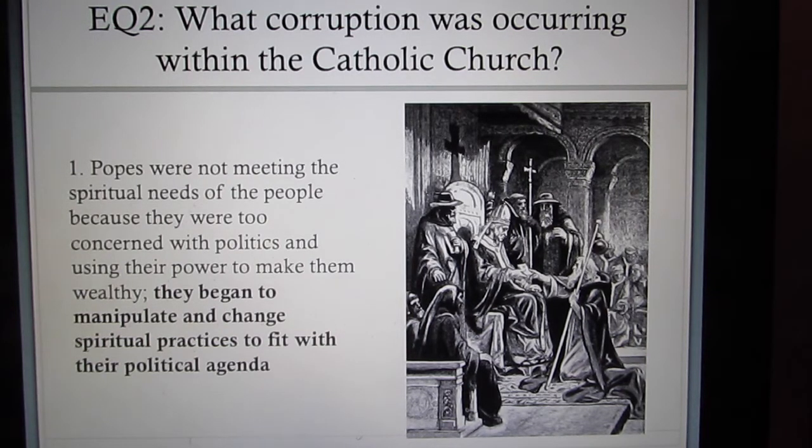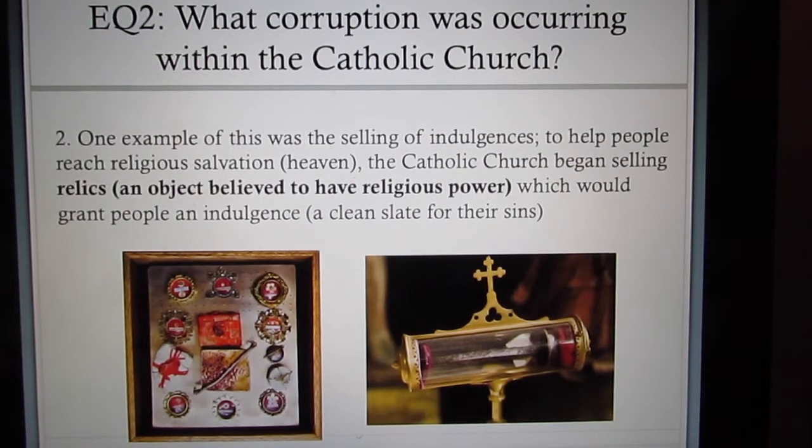And so we see the popes and the church hierarchy, the system, begin to manipulate and change spiritual practices to fit alongside their political agendas. One example of changing the spiritual practices to fit with these new political agendas was the selling of indulgences. Indulgences are pretty much a release from all or part of the punishment for a sin.